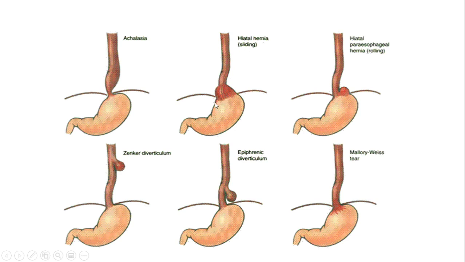Hiatal hernia, this is the sliding type, in which a portion of the stomach bulges out through a point of weakness or widening in the diaphragm. The less common type, in which only part of the wall of the stomach is bulged out, is called paraesophageal or non-axial type of hiatal hernia.